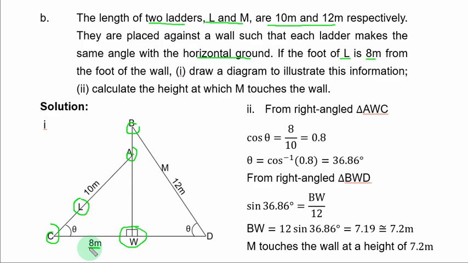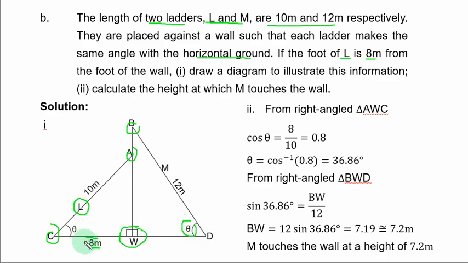Remember figure 2. So you are asked to find the height at which M touches the wall. The height there is BW. You find this height. You see that we cannot get this height because WD is unknown and theta is also unknown.